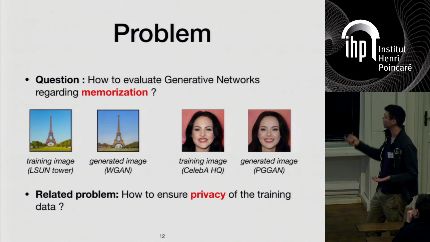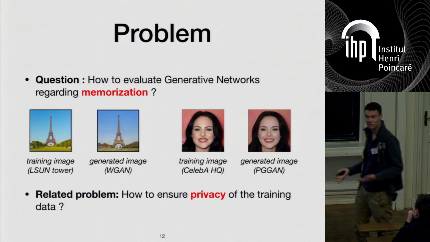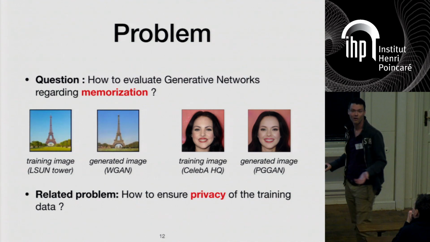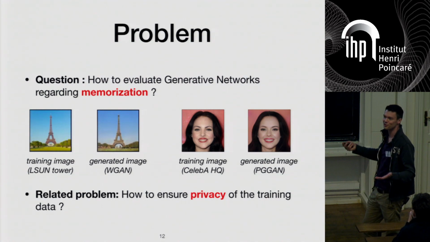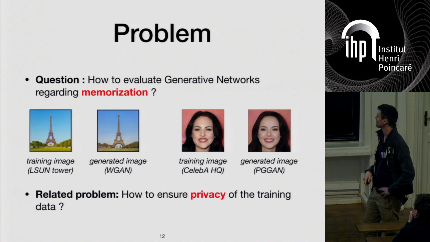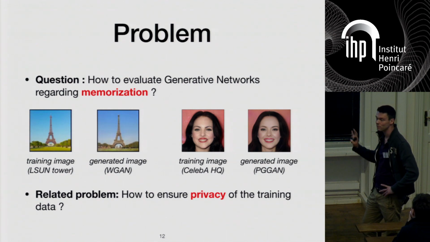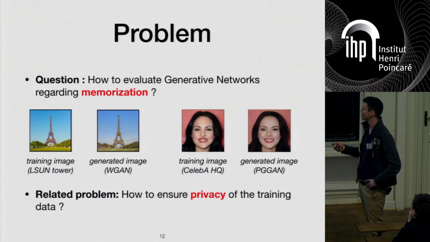So those images are very close. So can we say, is that overfitting, or is it just that we have so many pictures of Eiffel Towers in the data set that it's normal that the generator generates this specific picture? And a related problem that we'll maybe investigate in the end is, what about privacy?